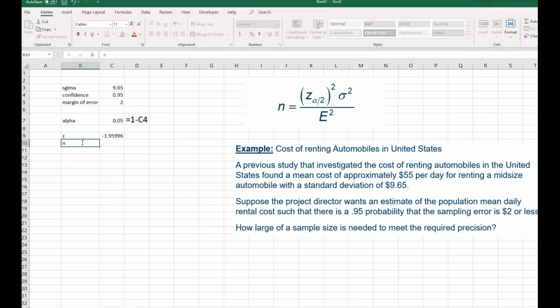Finally, we have n equals this z value to the power 2 times sigma to the power 2, divided by margin of error to the power 2. So this is our formula.